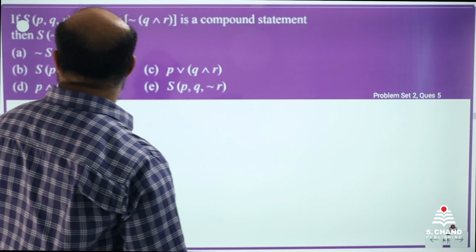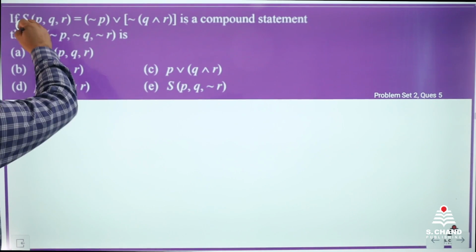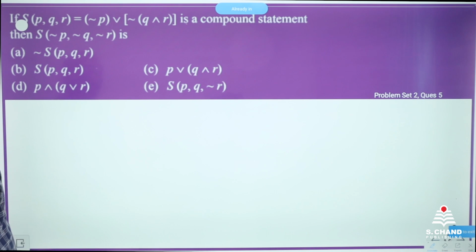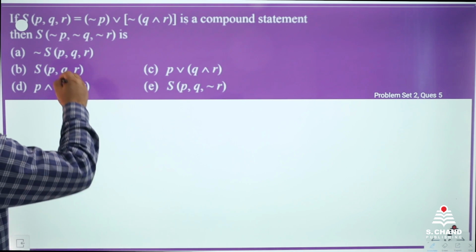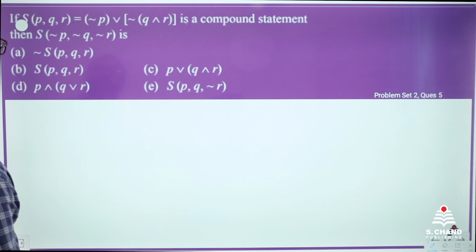Let us move on to the next question. If S(P, Q, R) is equal to not P or not Q and R is a compound statement, then S(not P, not Q, not R) is.